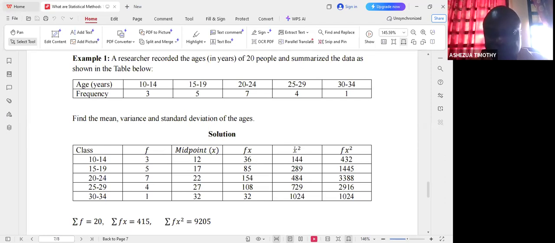How do we get X squared here? You square the midpoint. 12 squared, the implication is 12 times 12 gives us 144. How do we get F X squared? Your frequency times 144 gives us 432.